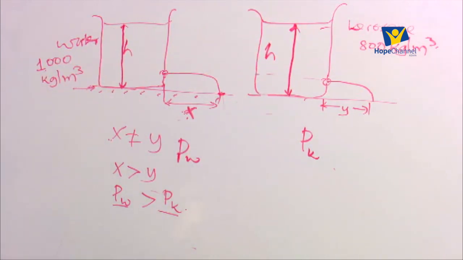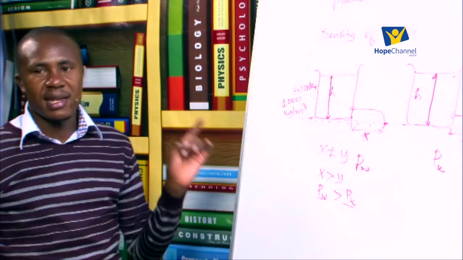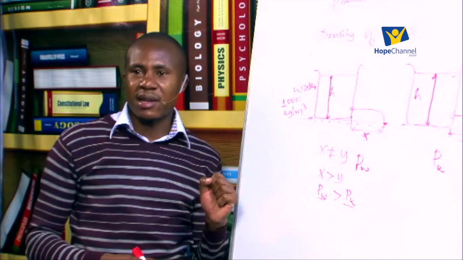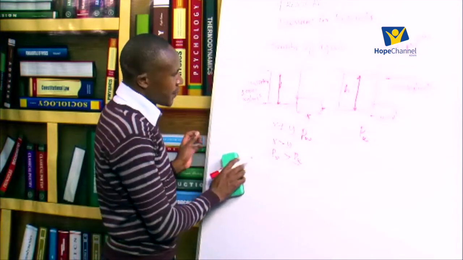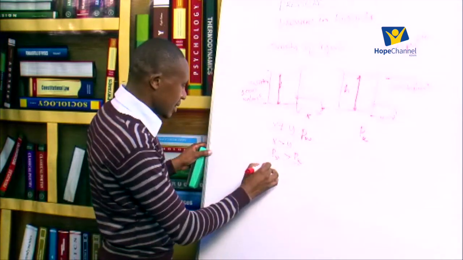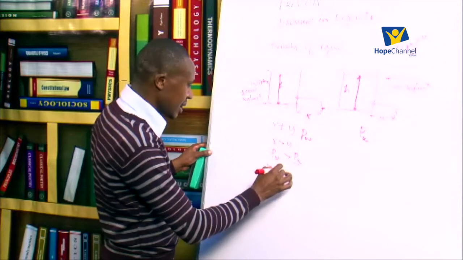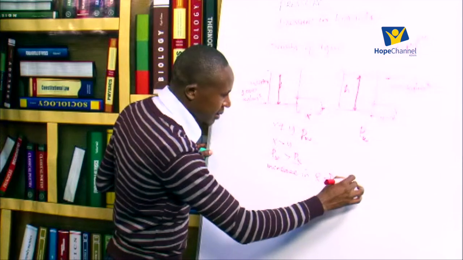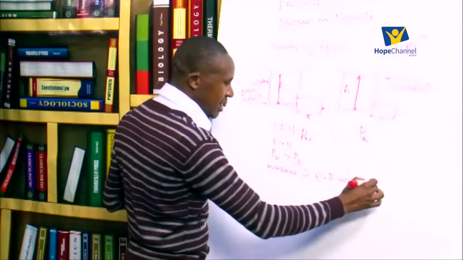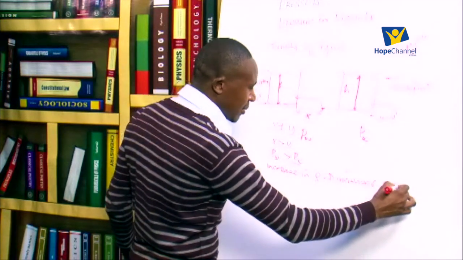Then we say that the pressure in the liquids varies when the densities of the liquids also vary. In this case, when the density increases, so we say an increase in the density increases the pressure of the liquid.